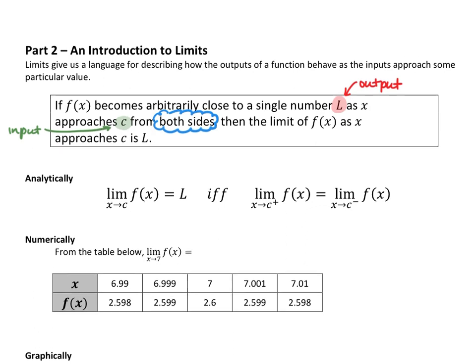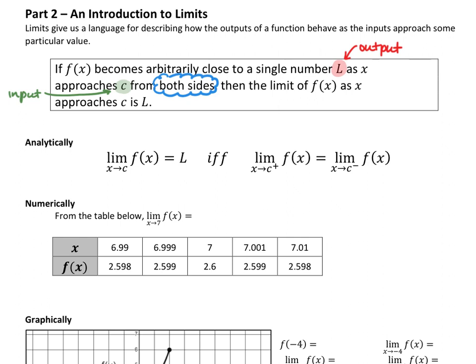Analytically, what that means in a math sentence instead of an English sentence is the following. The limit as x approaches c, do we remember how we're pronouncing these? The limit as x approaches c of f of x is L. This symbol right here stands for if and only if. That's not a typo. There's two F's on purpose.